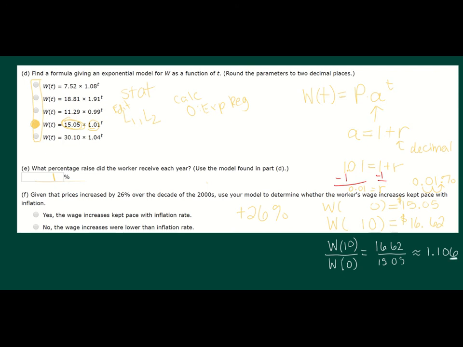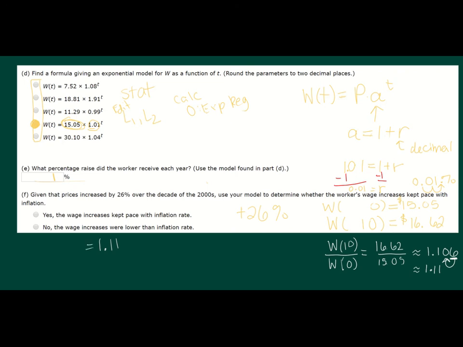So I'm looking at the 3rd decimal place. Since it's greater than 5, I'm rounding up my 2nd decimal place. So this is approximately 1.11. This is the ratio of W of 10 over W of 0. What that tells me is that I have increased by a factor of 1.11.